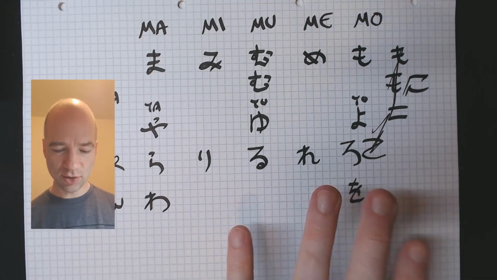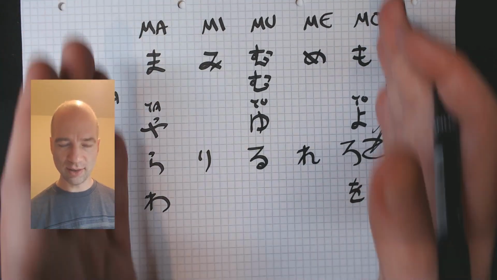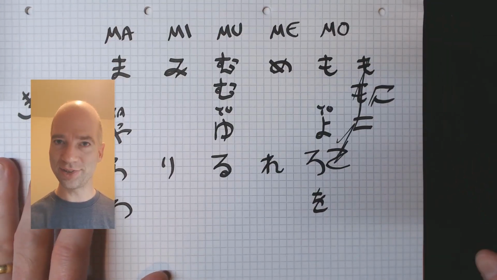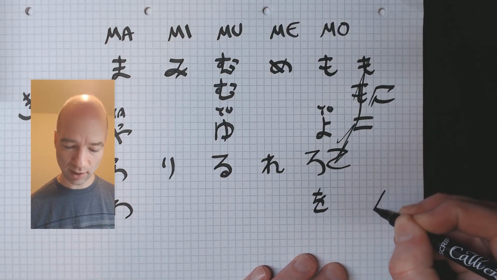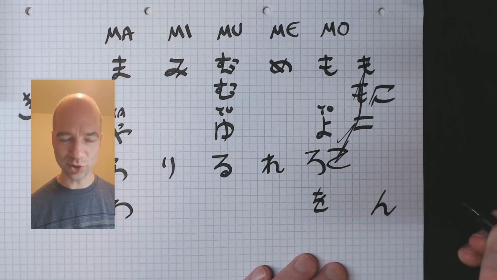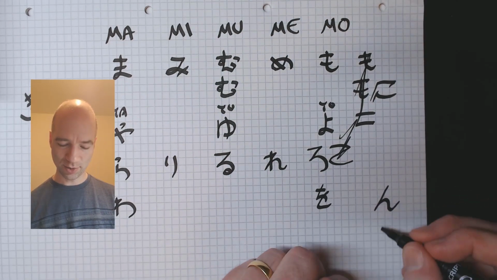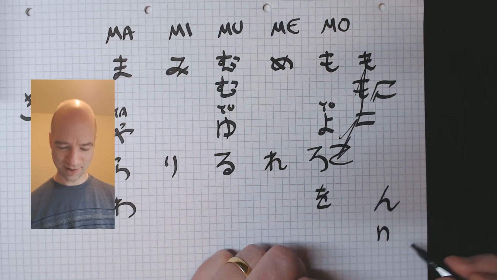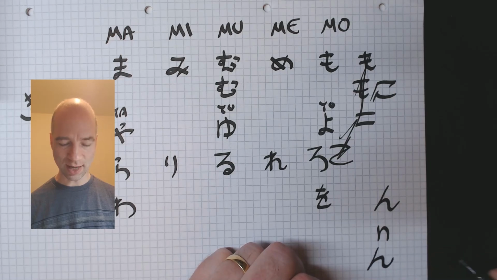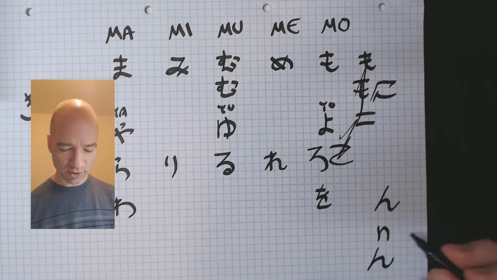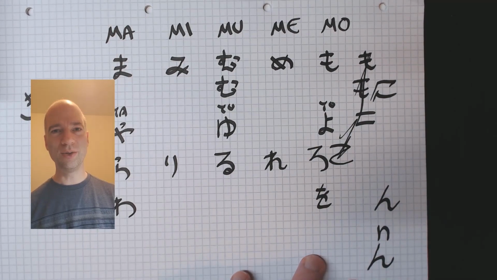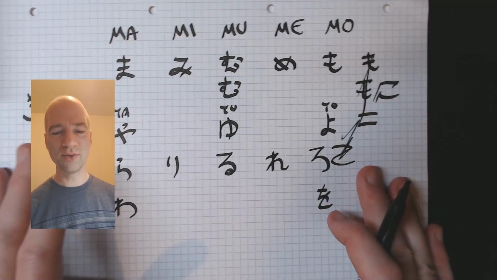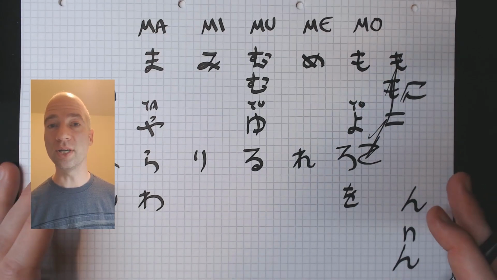And now on this line, usually also, but not in the same columns, you add on the side normally the n character, which also looks a bit like an n actually. So normal n is like that. Japanese n is like that. Also looks a bit like an h, but yes, it's also one of those characters that once you know it, you can't imagine it being anything else than what it is.